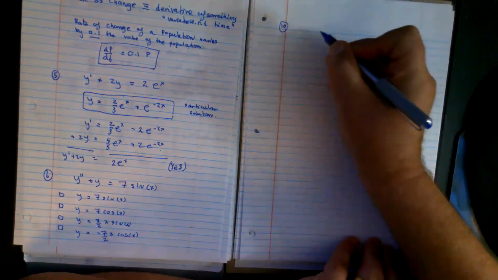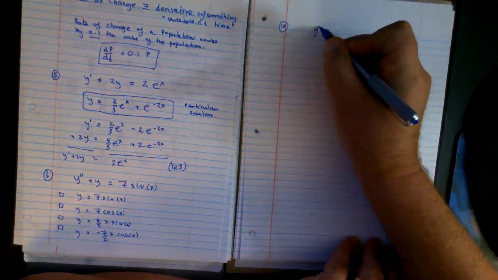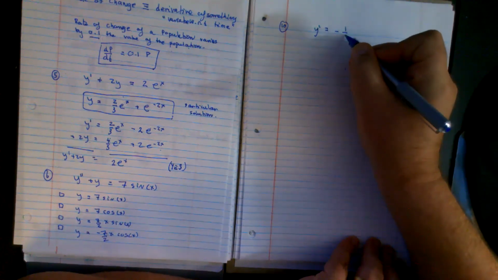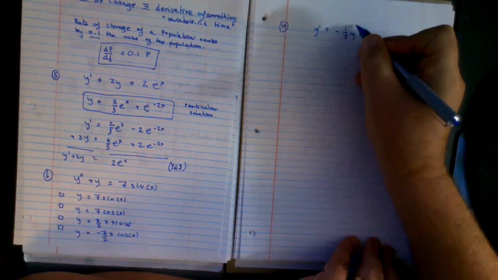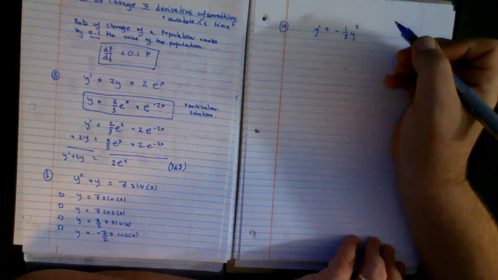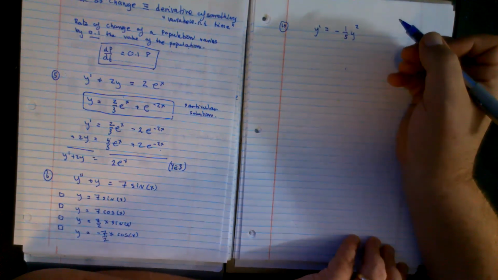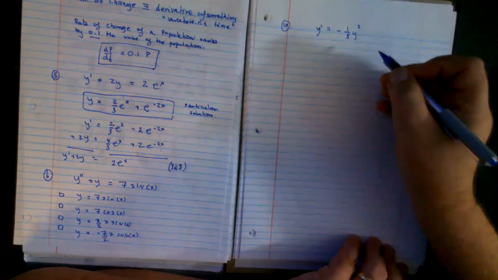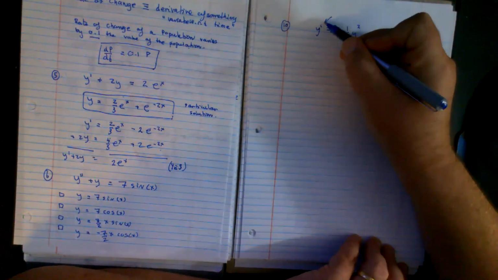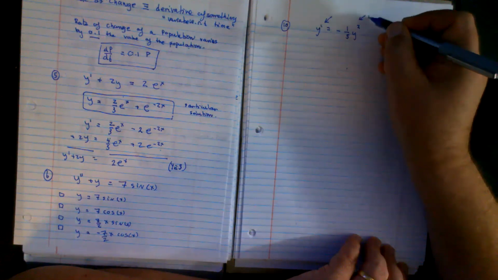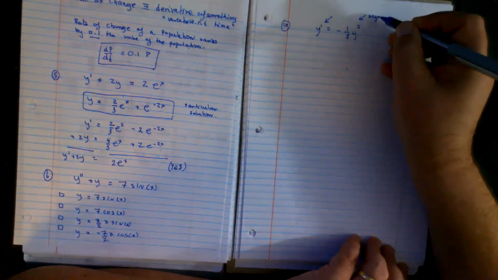Starts off by giving you a differential equation that looks like that. And it says to you, what can you say about the solution? Well, I can tell you that its derivative has to be negative. You may say, well, how do I know that?